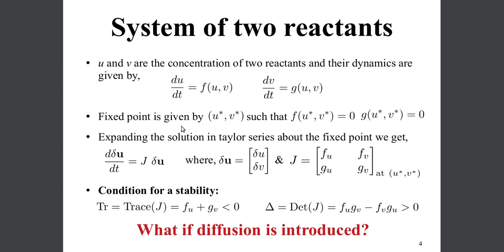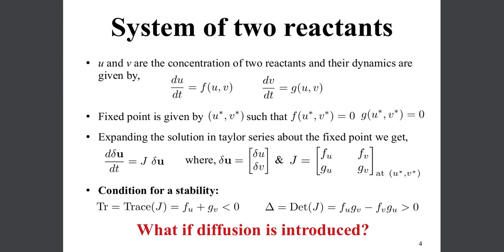Now if we perturb the system, that means we disturb the system a little, then we can write our solution like this: u is equal to u star plus some delta u, and v is equal to v star plus some delta v. So delta u and delta v are very small perturbations around your fixed point u star, v star.